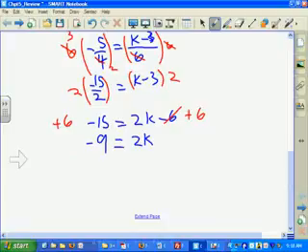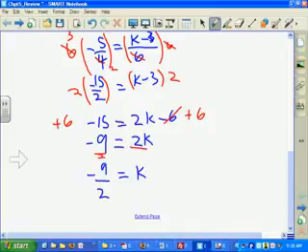Yes? Negative 9 over 2 is equal to negative 4.5.